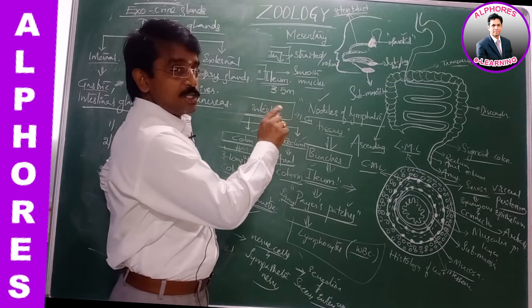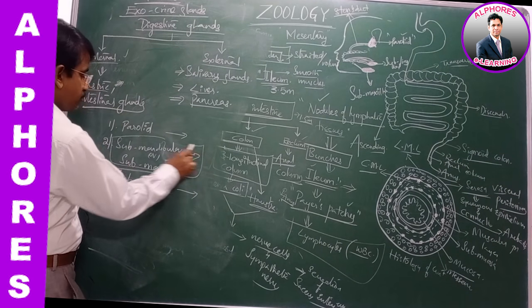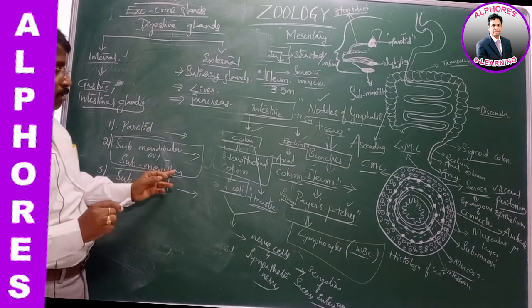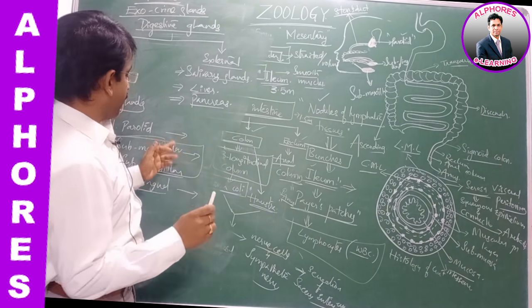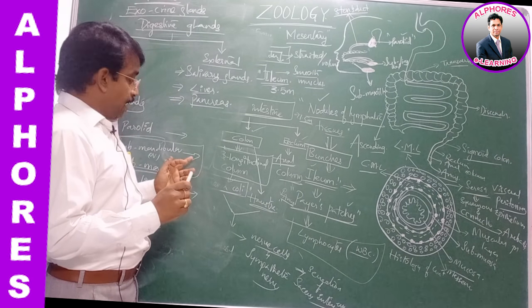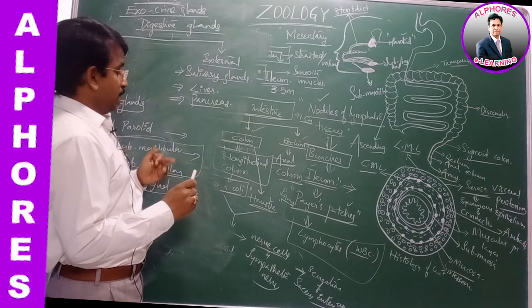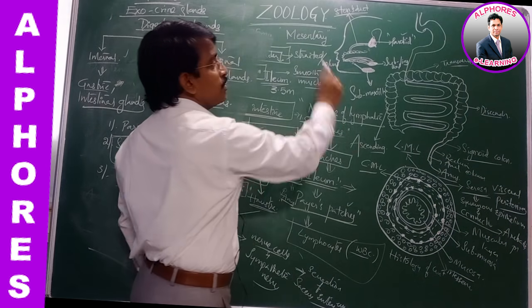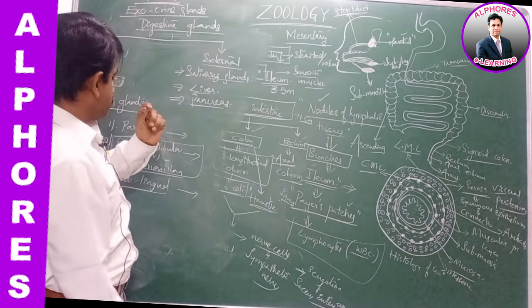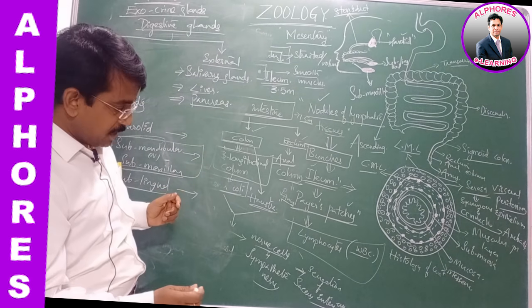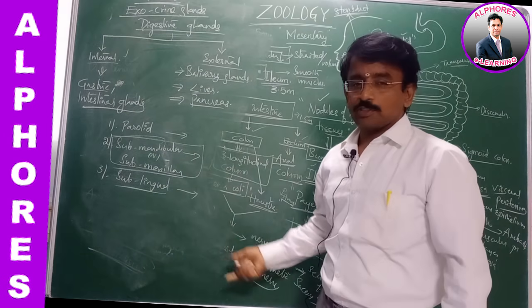Next, after Stenson's duct, the second one is the submandibular or submaxillary. These are present at the angles of the jaws. They are nothing but the jaws, maxillary and mandible.